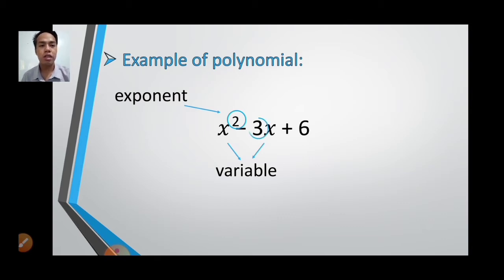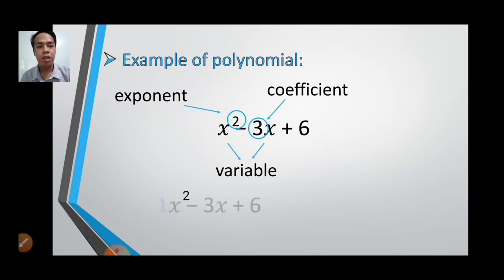Next, the 3 is what we call the coefficient. The coefficient is the number found in the given expression together with the variable.